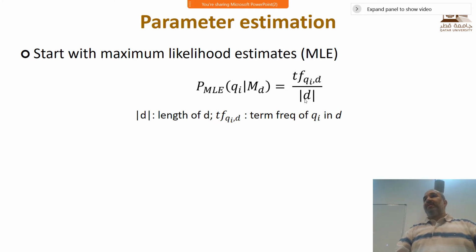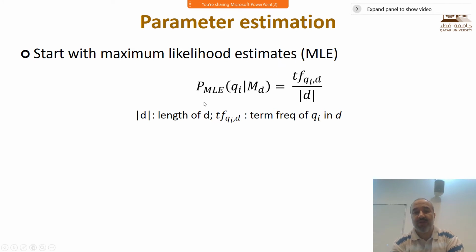That's the estimate that will make the probability of observing this term the highest. Maximum likelihood estimate, and that's the intuitive way. If we look at the document, how many times this word appeared, then the probability of observing it will be the frequency of the word divided by the length of the document.